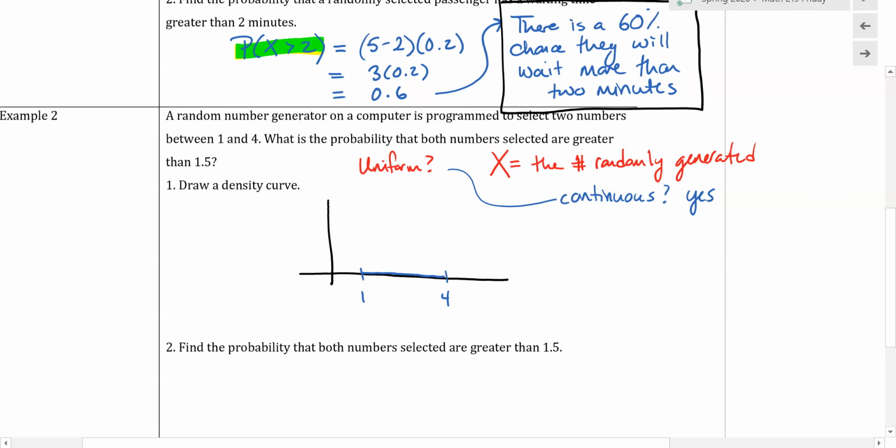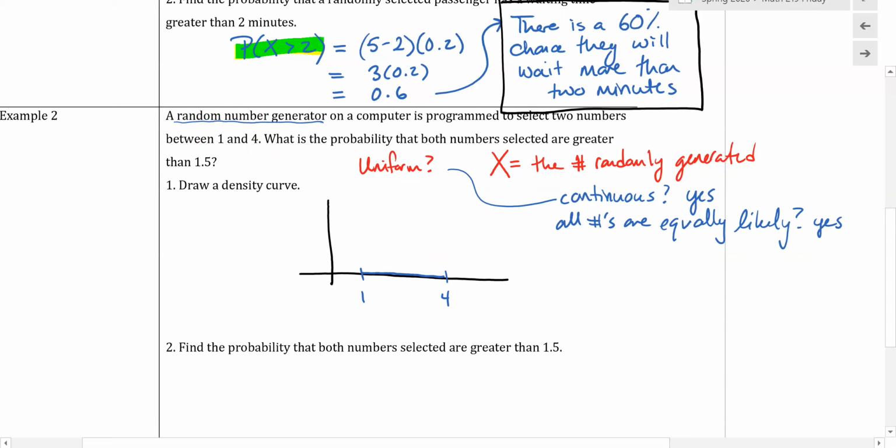Now, the other thing you've got to see is, does every number in between 1 and 4 have an equal probability of happening, or are some numbers more likely to happen than others, thereby having more area under it? All numbers are equally likely. I would say yes, because if they're not all equally likely to occur, then it's a really poor random number generator.